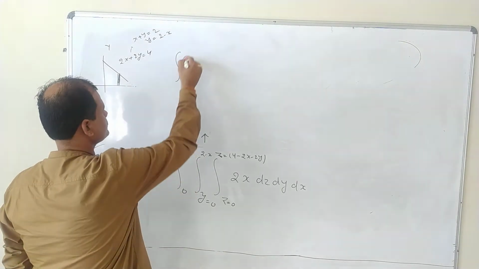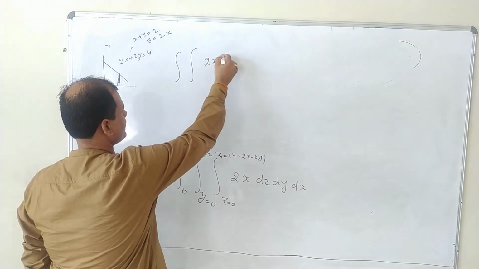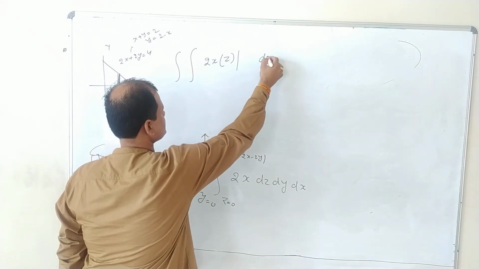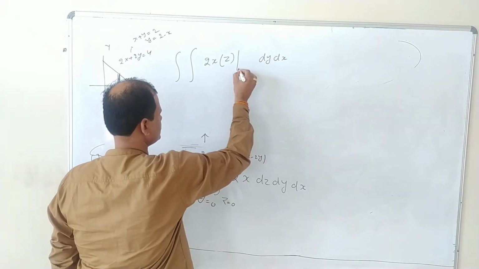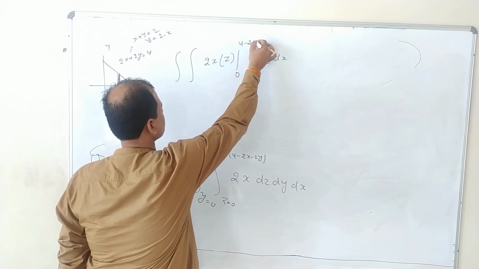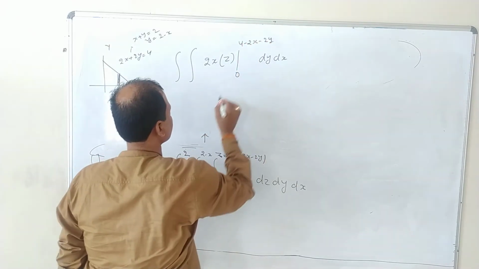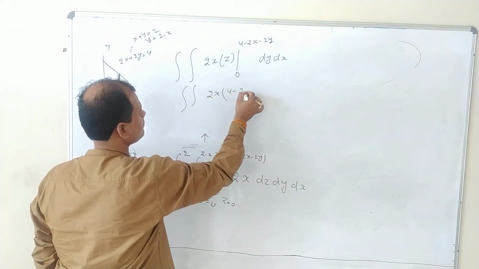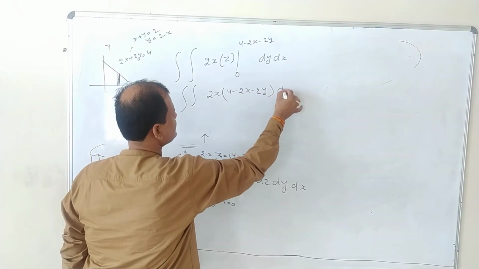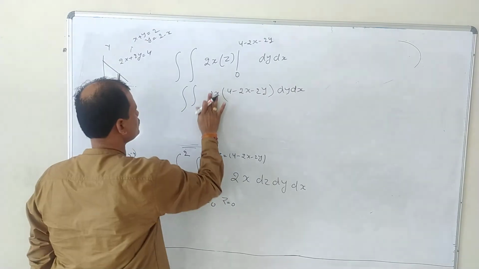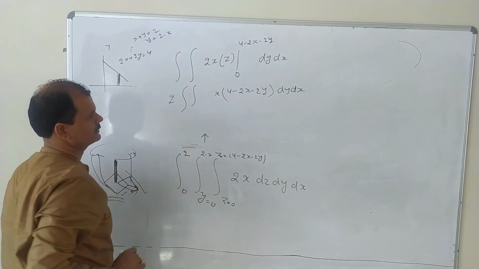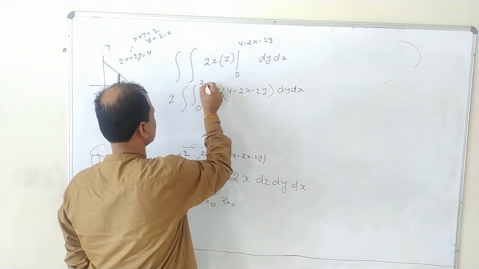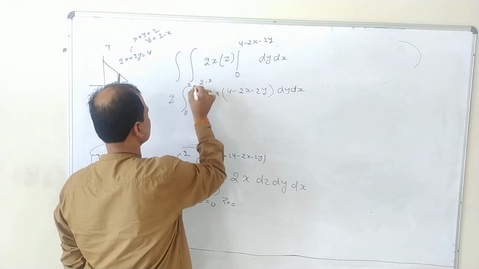I'll do first with respect to z, so it will be 2x, and we get z here, z dy dx, and the z limit will be 0 to 4 minus 2x minus 2y, fine. So it will be a double integration of 2x and z equal to 4 minus 2x minus 2y dy dx. These two we can take out because it's constant. So the y limit is 0 to 2 minus x, the x limit is 0 to 2.